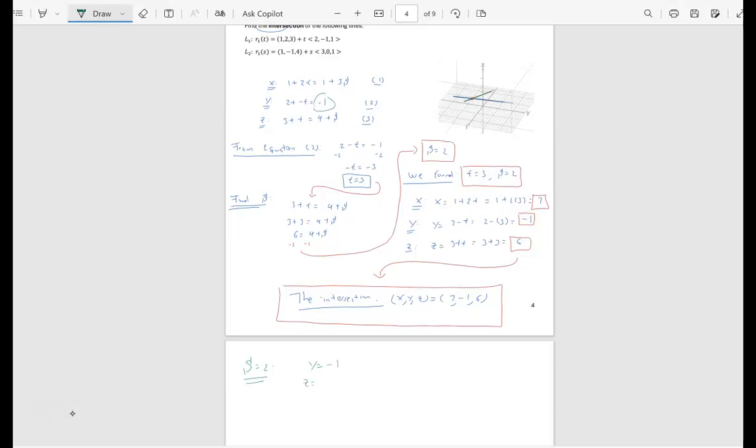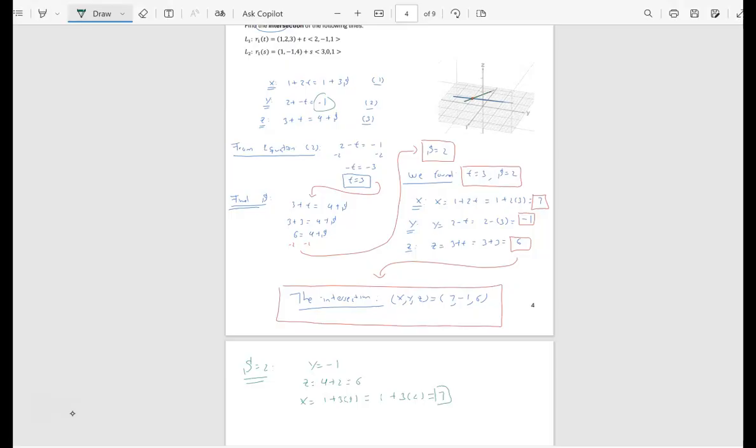Your z value is going to be 4 plus 2, which is 6. And then your x value is equal to 1 plus 3s, or 1 plus 3 times 2.